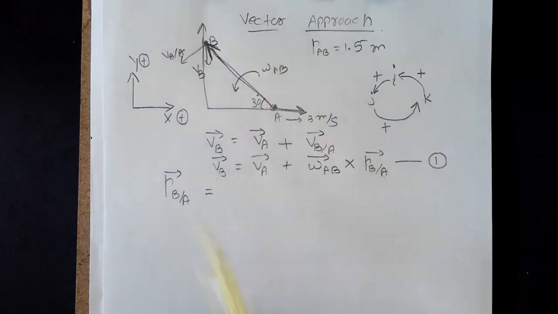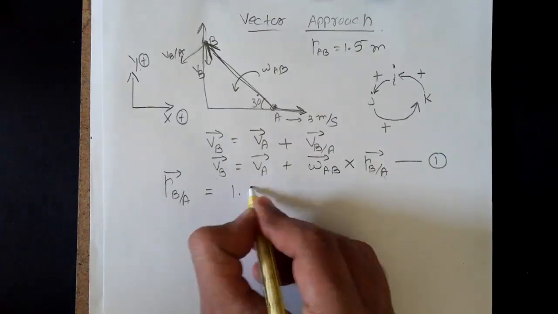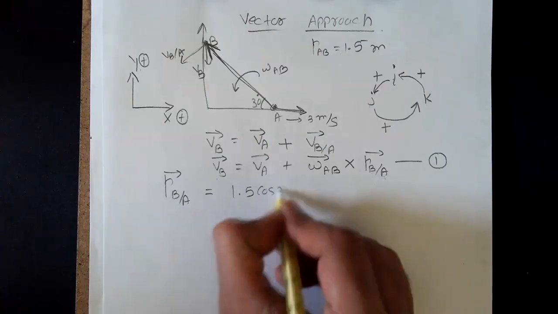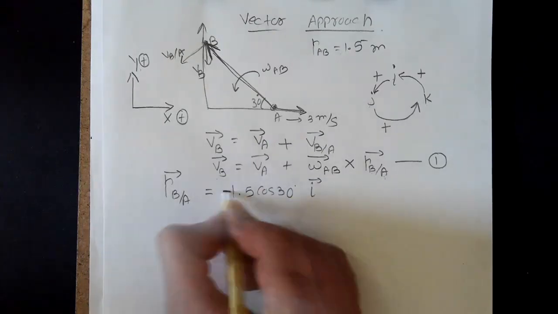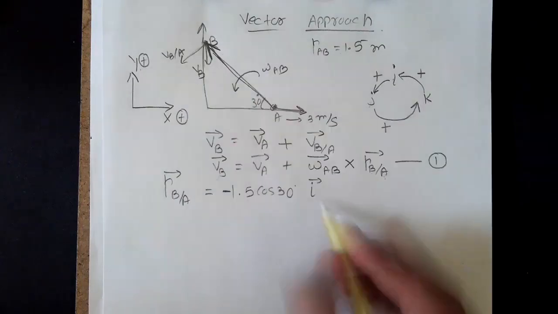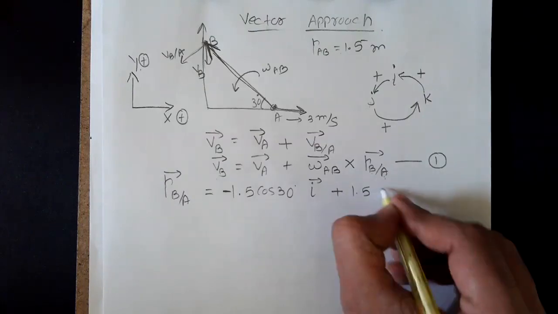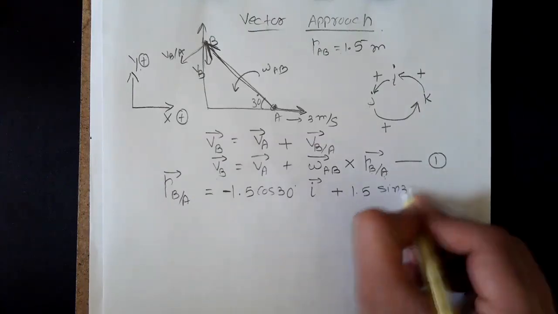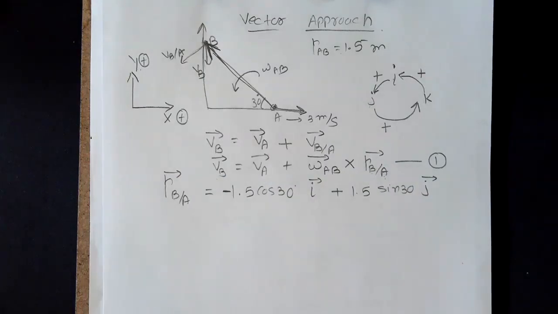So let's write down the position vector. It's negative 1.5 cosine 30 i, negative because it's going left, plus 1.5 sine 30 j, for positive j motion.